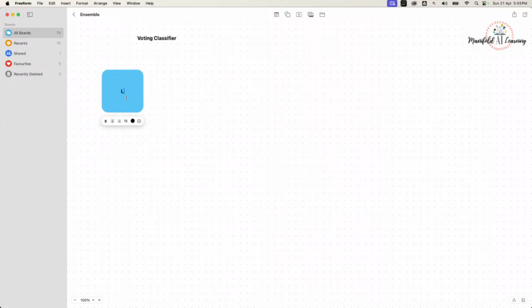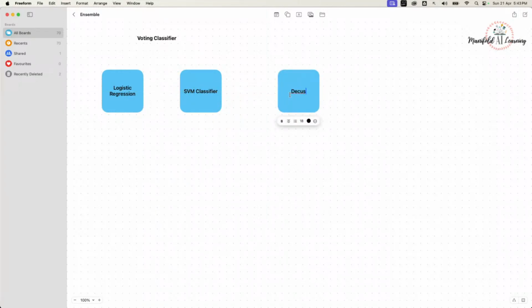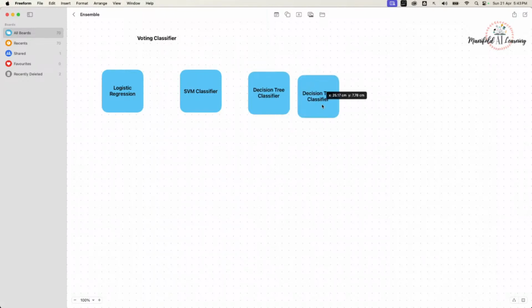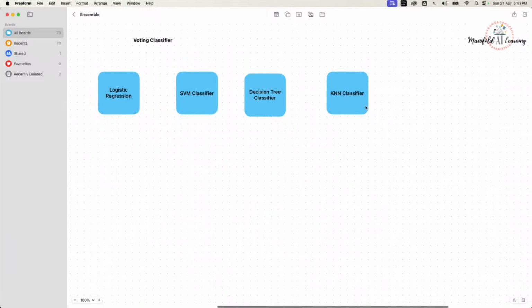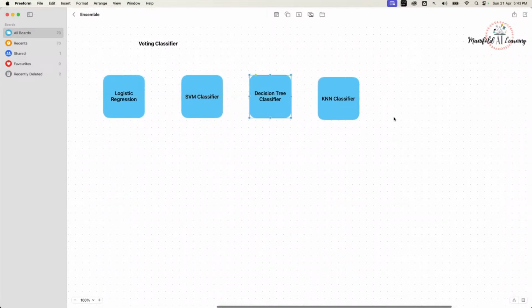Let's consider some very simple classifiers, like a logistic regression classifier, an SVM classifier, a decision tree classifier, and maybe a KNN, K-nearest neighbors, classifier. Like this, you have trained multiple models.